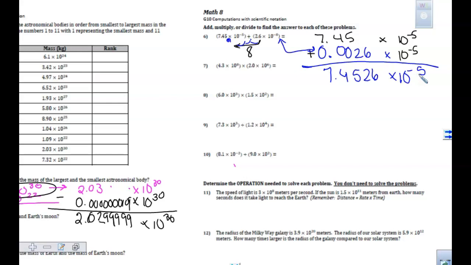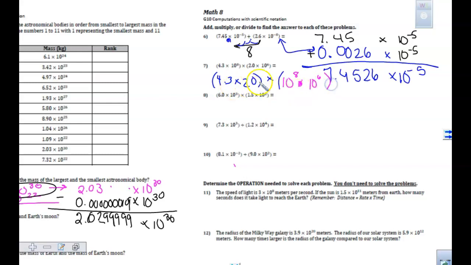As I look at 7 or 8, which one should you take a look at? 7. The work I would look for is that you maybe put down 4.3 times 2.0. 4.3 times 2 is actually going to be 8.6. The second thing I'm going to be doing with this problem is I'm going to put the 10, it was 10 to the 8th power, times 10 to the 6th.